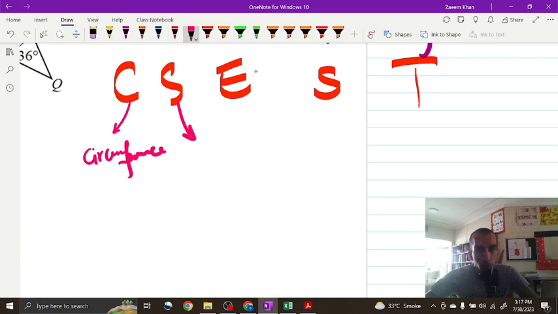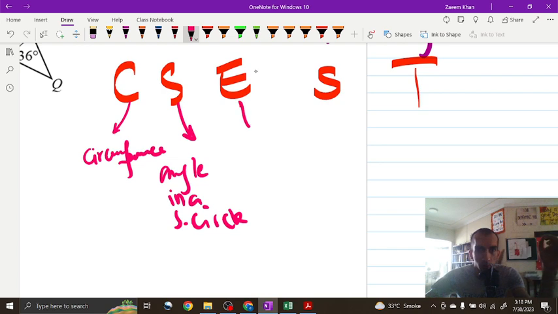This S would refer to semicircle: angle in a semicircle. What's this E? Equal. Why would they be equal? Because they're in the same segment.